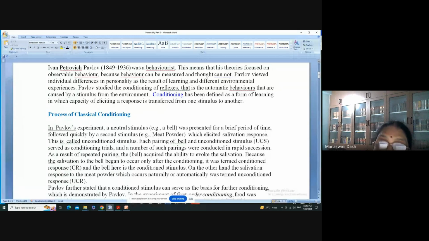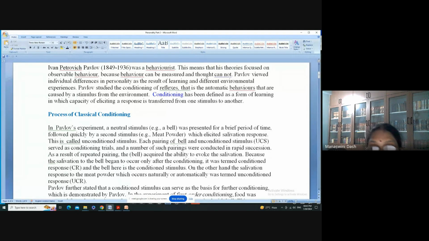The dog starts salivating at the sound of the bell, even if food is not given. Because the salivation to the bell began to occur only after the conditioning, it was termed conditioned response. At first, the bell was not eliciting salivation.